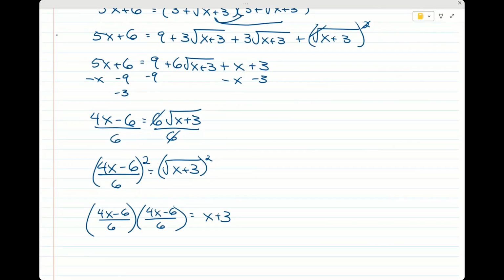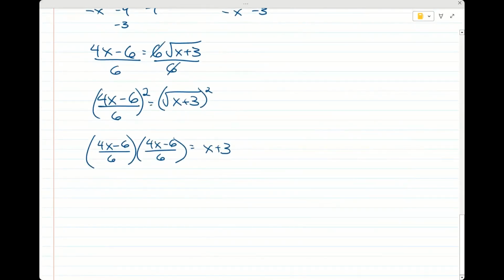So that radical is gone, but now we just have to go ahead and simplify the left. So if we multiply this out, we'll get 16x squared minus 48x plus 36 over 36, and that's going to equal x plus 3.